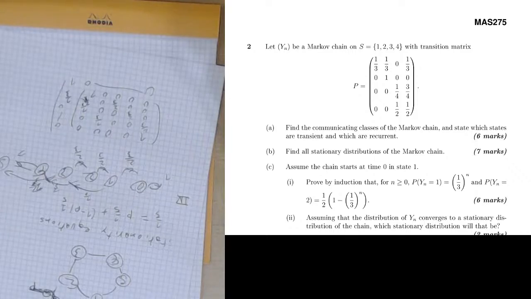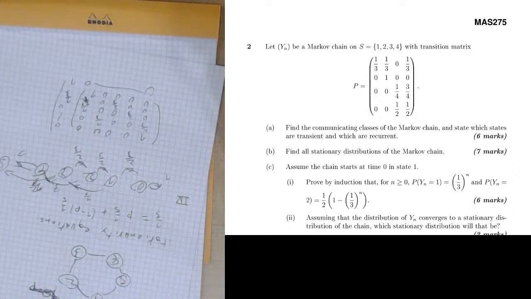And there'd be questions like, is the class containing 3 transient? Is the class containing 3 open, closed, and these things. Find all the stationary distributions. It wouldn't come out in this form, but probably you'd be asked to enter a fraction.